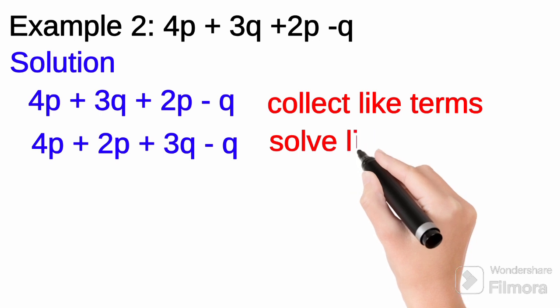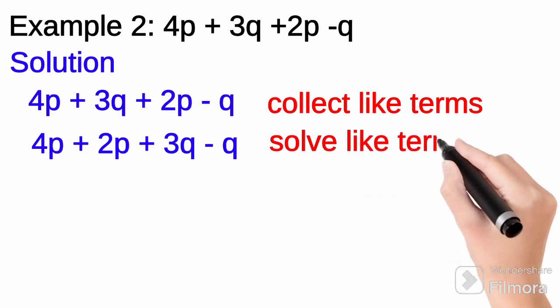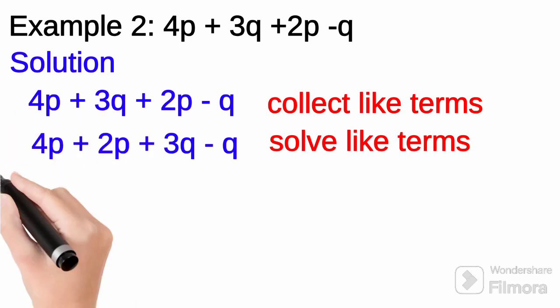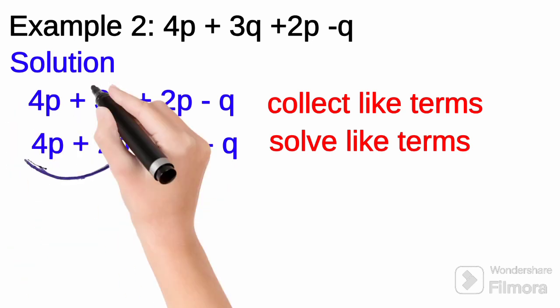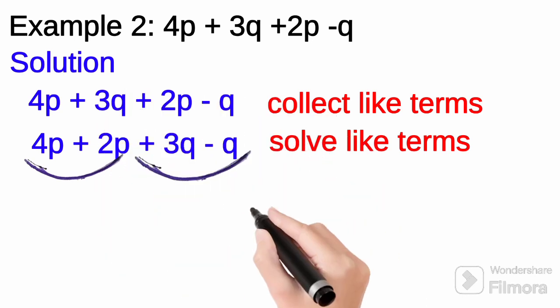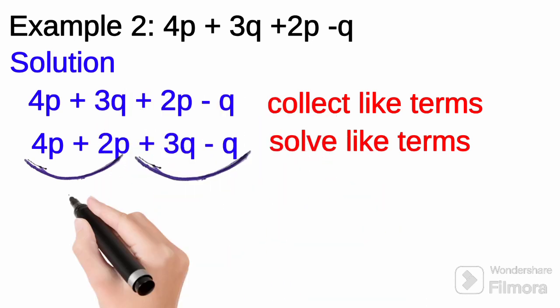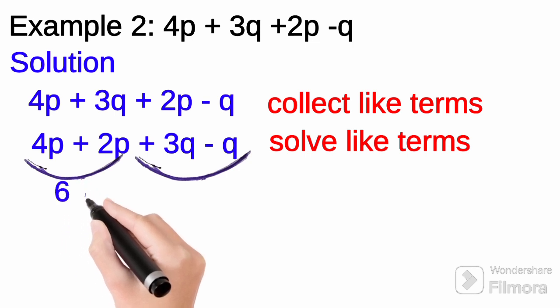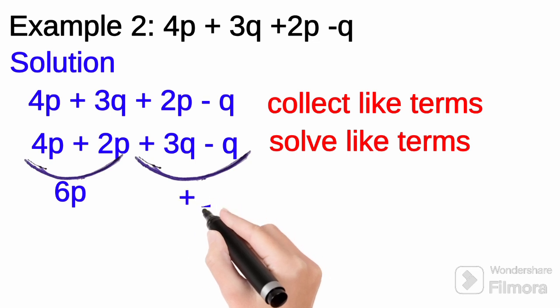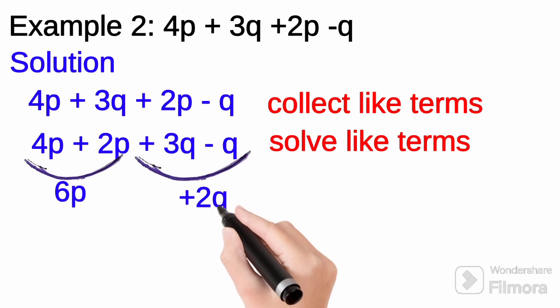So the next is to solve like terms. We are going to pick 4p plus 2p and we are going to pick plus 3q minus q. Please take their signs with them. We have 4 plus 2, which is 6p. And the next one is plus 3 minus 1, which will give me plus 2q.